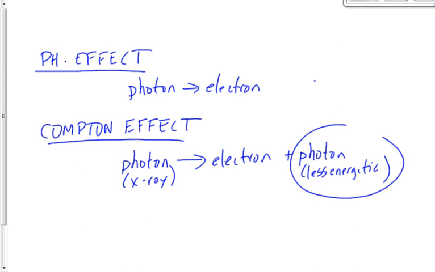And if the law of conservation of momentum applies, then all of these things, the photon, the electron, and the second, less energetic photon, must all have momentum. This is one of the big takeaways from the Compton effect: photons have momentum. And that's kind of hard to understand at first because photons don't have any mass. If you don't have any mass, then how can you have momentum?